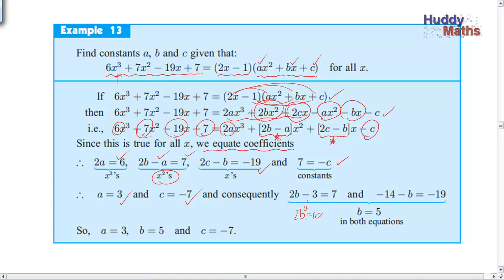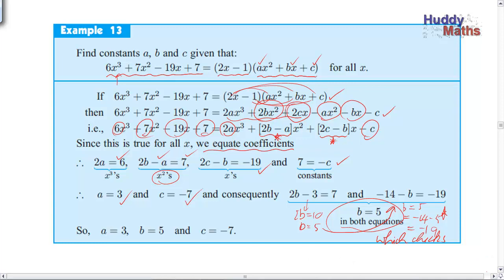2b equals 10, b equals 5, check it over here, b equals 5 implies neg 14 take 5 equals neg 19, which checks. You should make sure that, and they've said here b equals 5 in both equations, I would rather you spelled it out, solved one and took it across and shown that that is a common solution with the other.